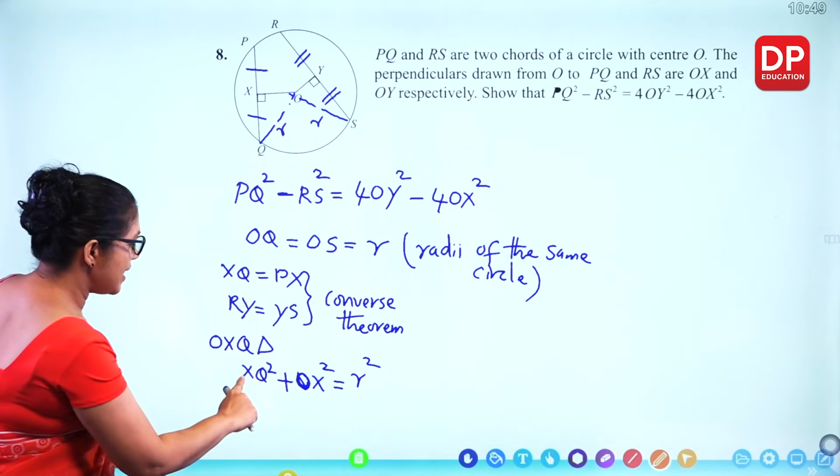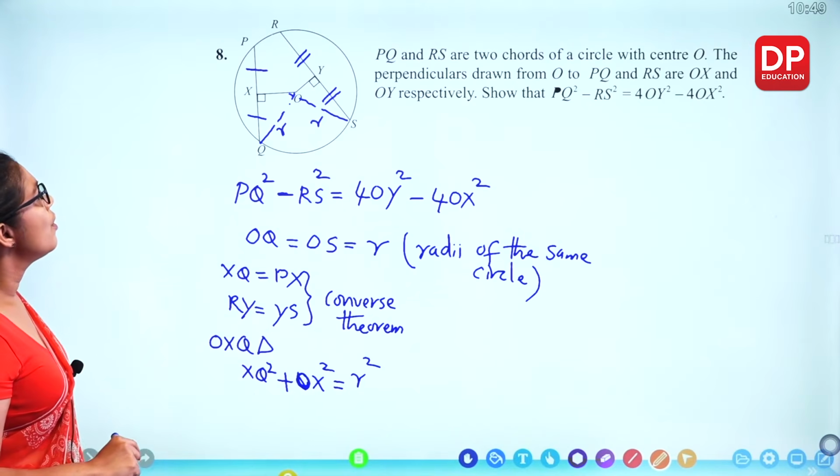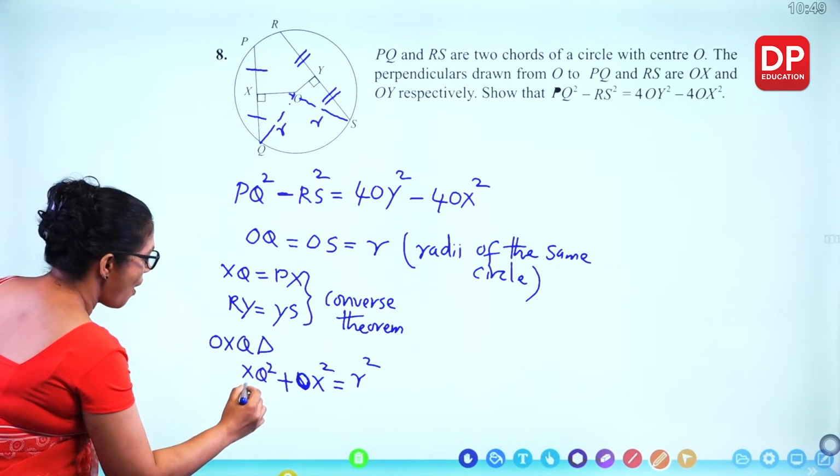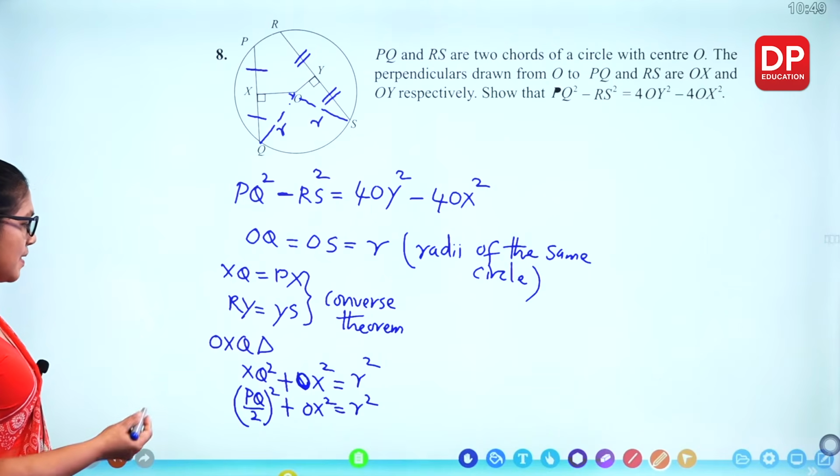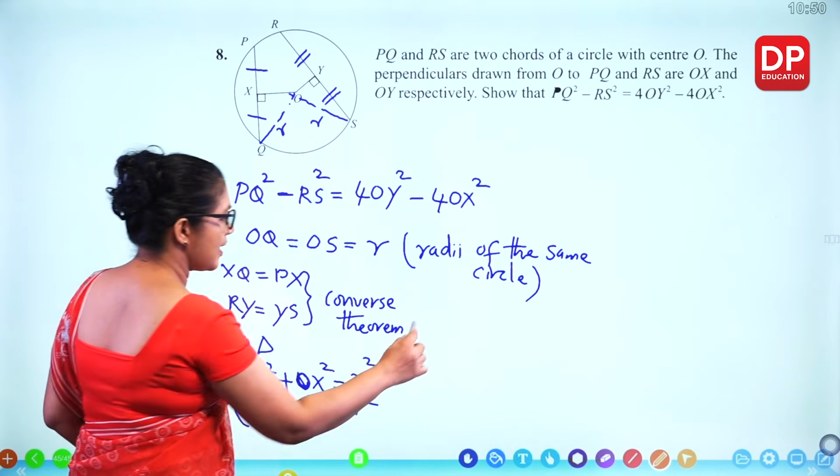So I can write instead of XQ, that's equal to PQ divided by 2. And I can write OX squared, that's equal to R squared. And I can simplify this. What do I get?